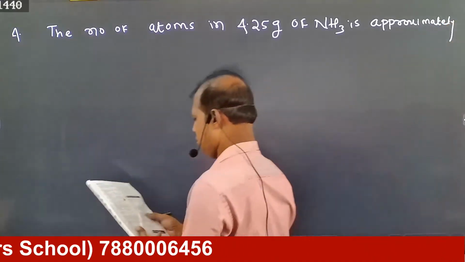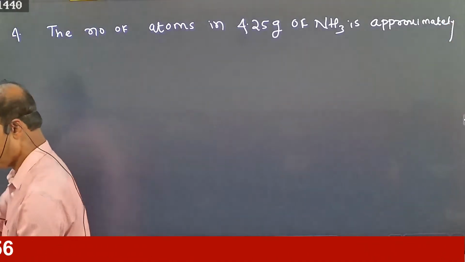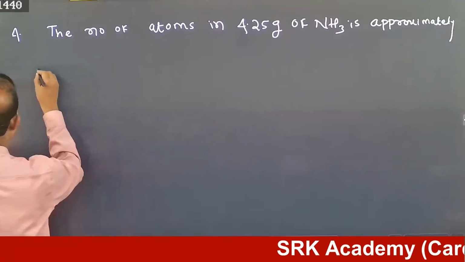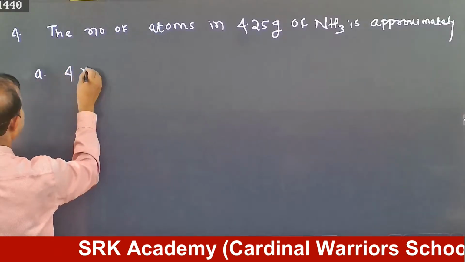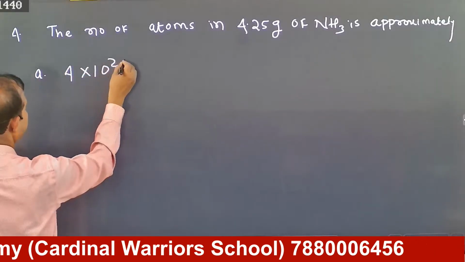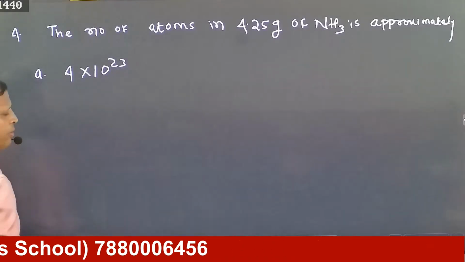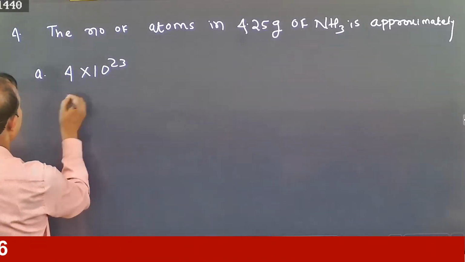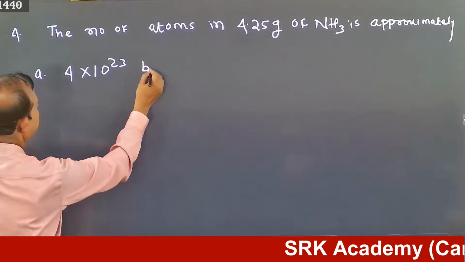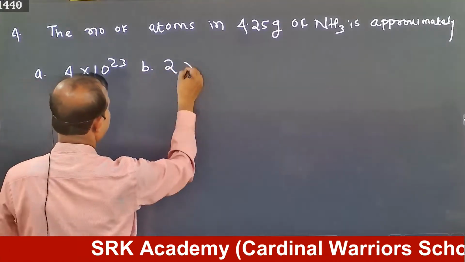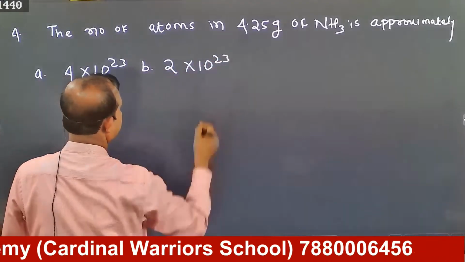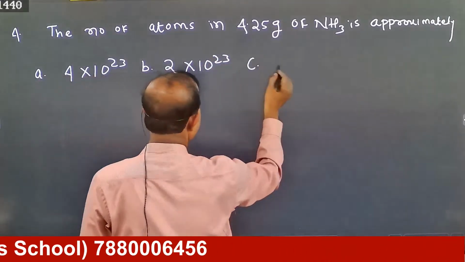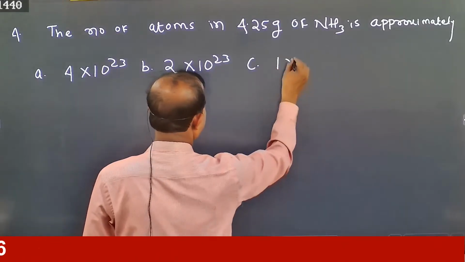So options are given. Option A, 4 into 10 to the power 23. Option B, 2 into 10 to the power 23. Option C, 1 into 10 to the power 23.